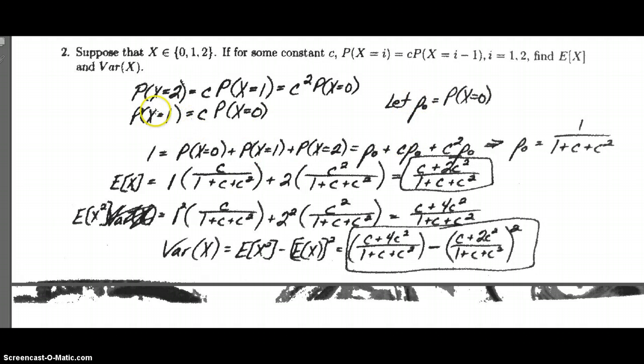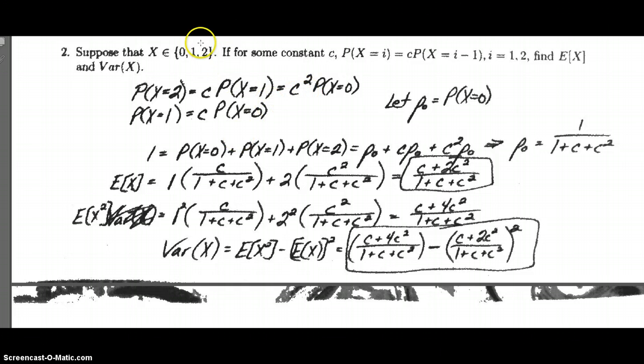We know that p of x equals 1 is c times p0, and that's just coming from this formula right there. P of x equals 2 equals c times p of x equals 1. Substitute out what we know p of x equals 1 equals. So in other words, we're placing this into p of x equals 1. We're going to have 2 c's then, or c squared.